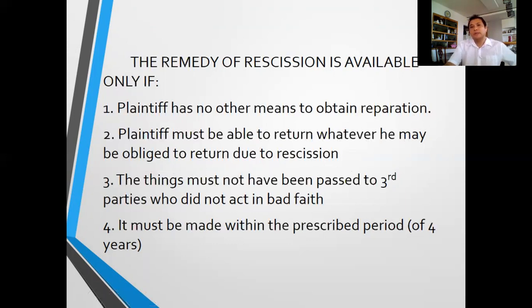As I've said, the effect of recession, if granted by the court, is that the parties must return the things. So again, the ward should return the 700,000 which was received by his guardian, and the buyer will return the 1 million worth of property back to the ward.